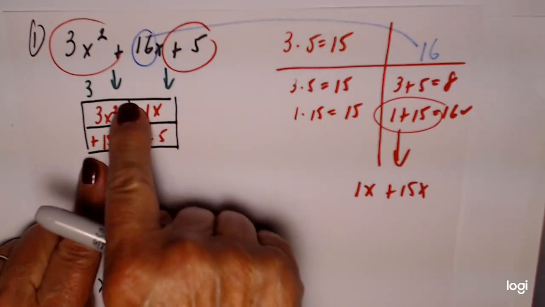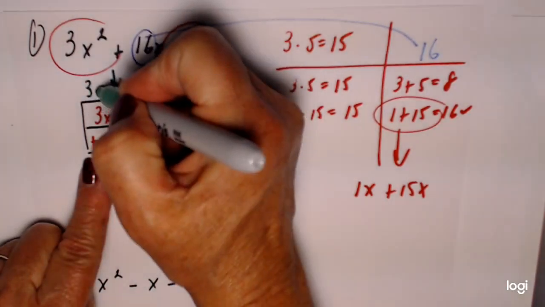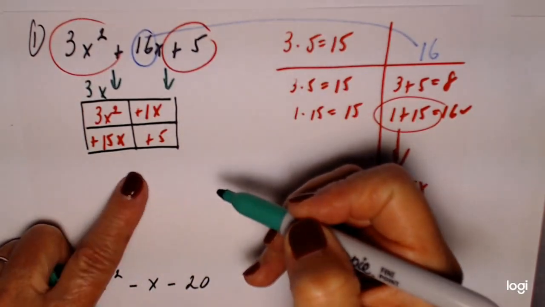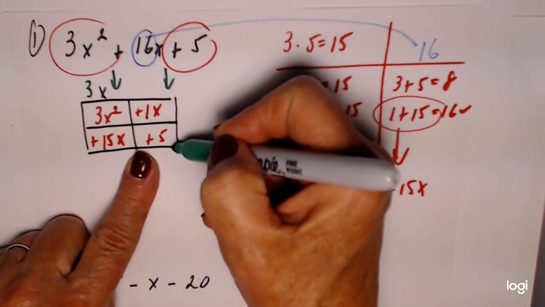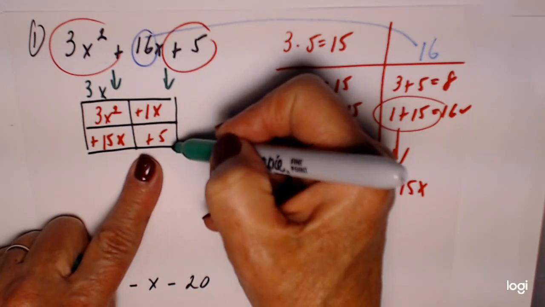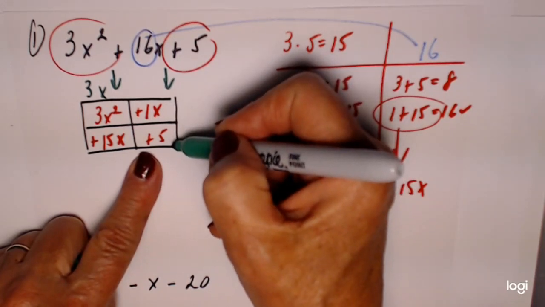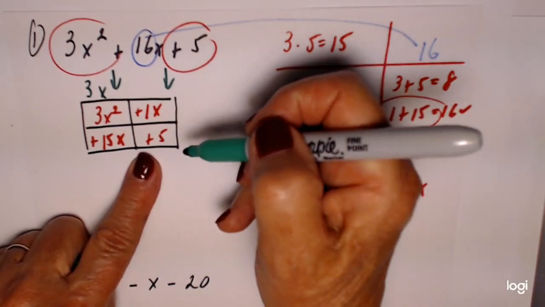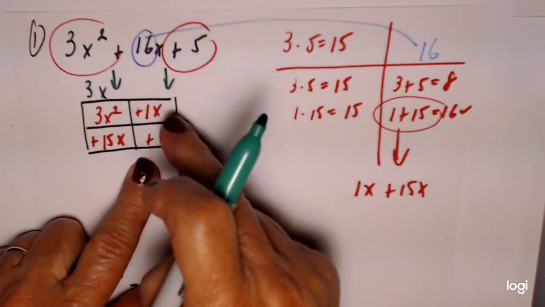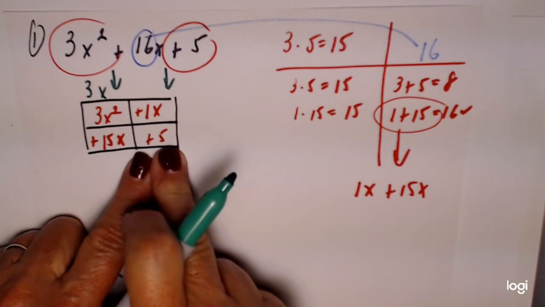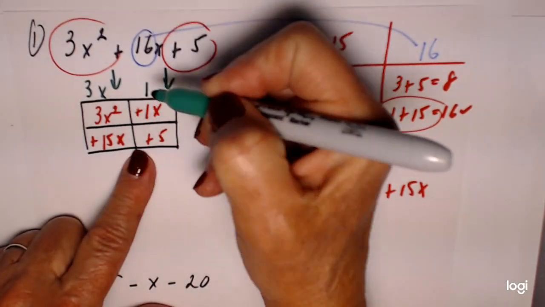And now x squared and x, we have a greatest common factor of x. Now let's go down here. 1x and 5. There's no greatest common factor. This has an x, no x here. 1 and 5, there's nothing that both of them can be divided by other than 1. So when there's no greatest common factor that we can see, it's a 1.